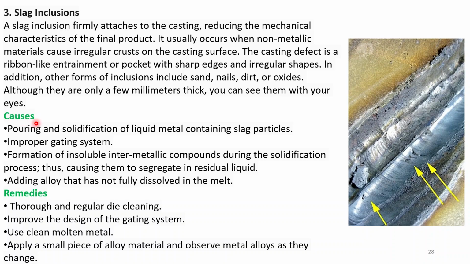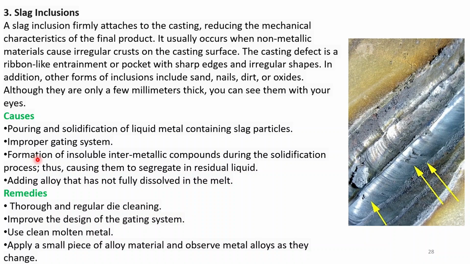Now the causes. So pouring and solidification of liquid metal containing slag particles. So your pouring material might already have these slag particles. Improper gating system, so it can come from your sand mold as well.